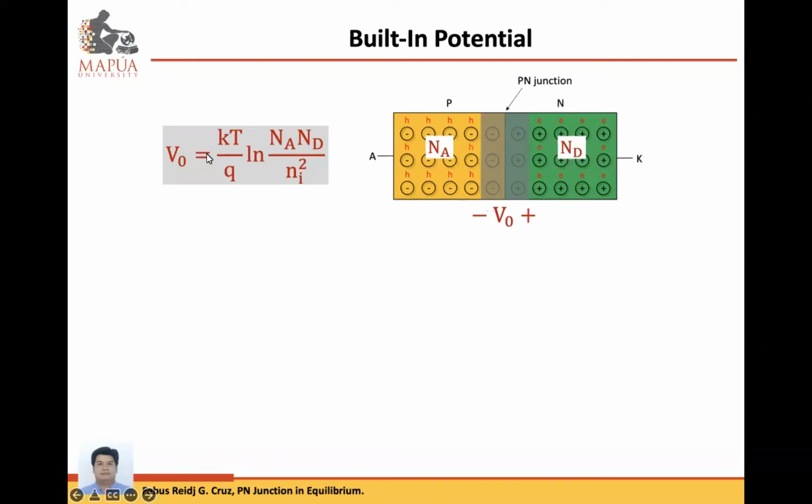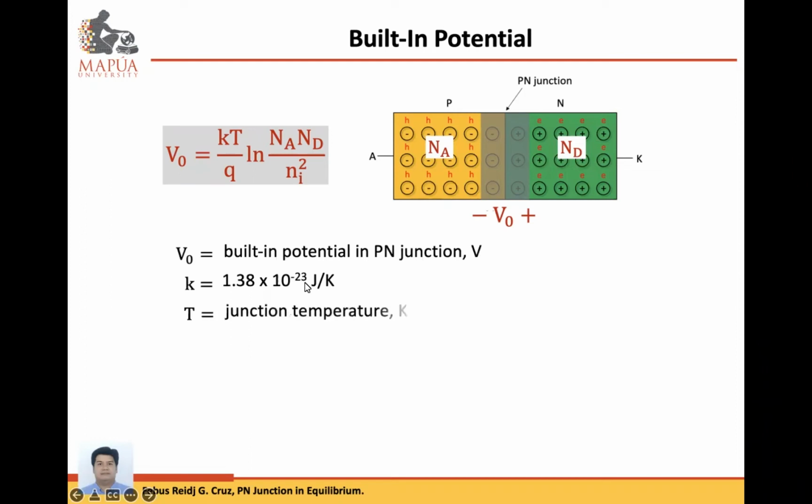So the built-in potential is equal to kT over q times the natural logarithm of the product of the acceptor concentration and the donor concentration divided by the square of the intrinsic concentration of the semiconductor. Okay? So V0 is the built-in potential in the PN junction. k is the Boltzmann constant equal to 1.38 times 10 to the negative 23 joules per Kelvin.